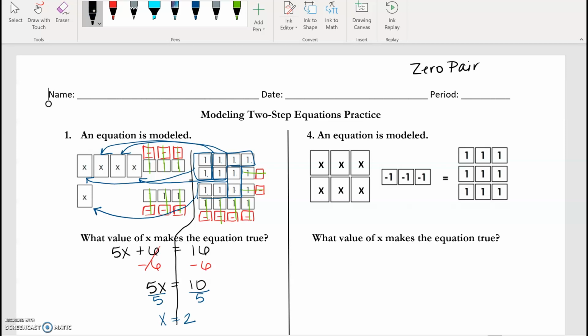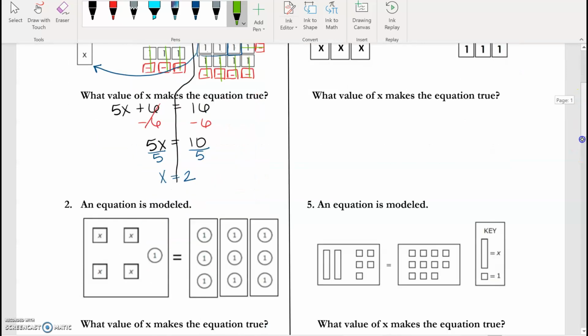A zero pair is taking a positive one and a negative one, and they are canceling each other out. So go ahead and work through these practice problems.